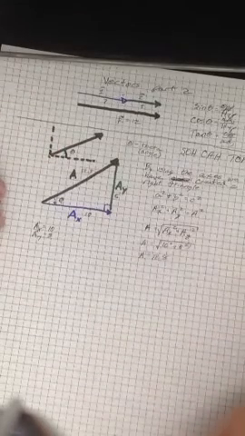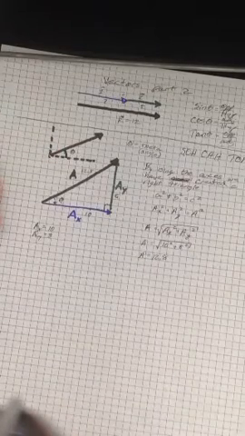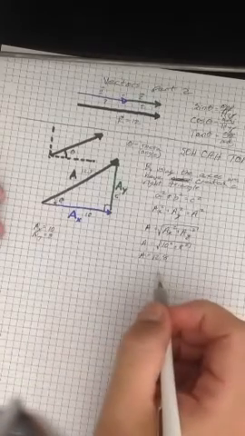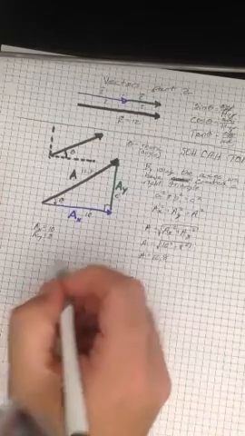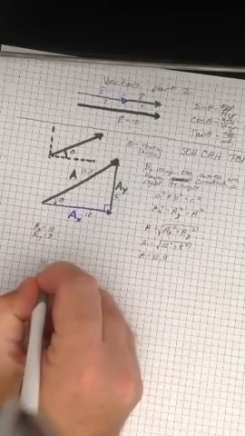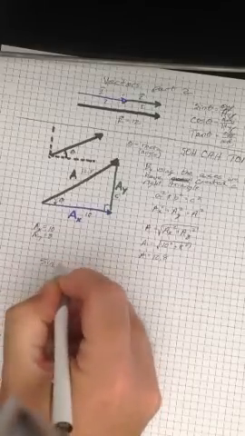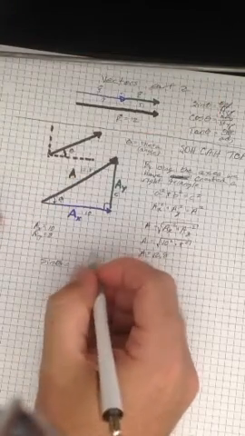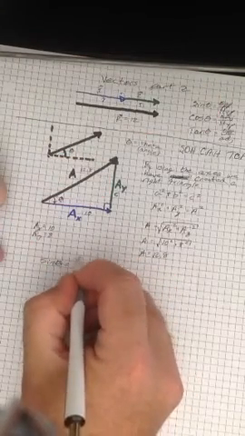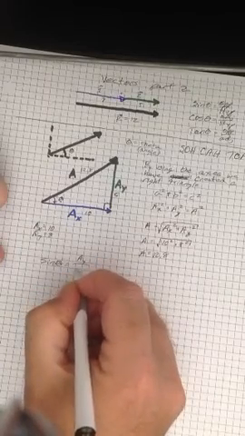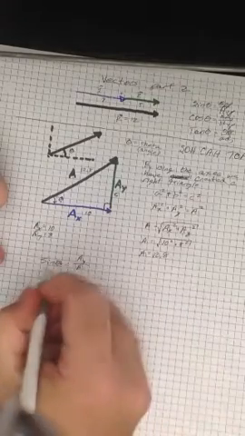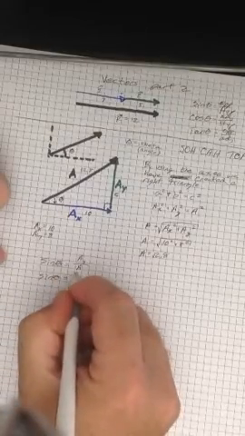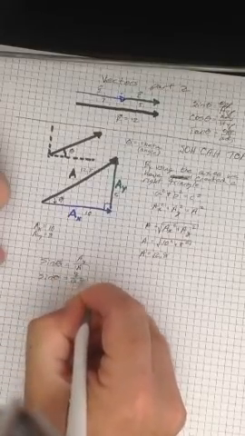So we can use any one of these. I tend to use sine probably more than any of the others, but it could be any way that you want. So I'm going to use sine here. Sine theta is going to be equal to opposite over hypotenuse. Opposite is Ay over A. So my sine theta is going to be 8 divided by 12.8.